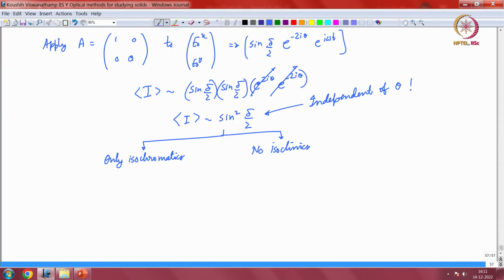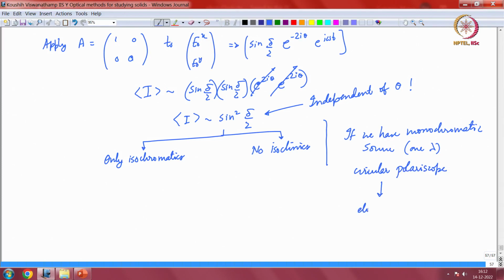Now, if you have a monochromatic source, so you have only one lambda, then you can use a circular polariscope, or this combination of quarter wave plates before and after the actual object, to eliminate isoclinics.